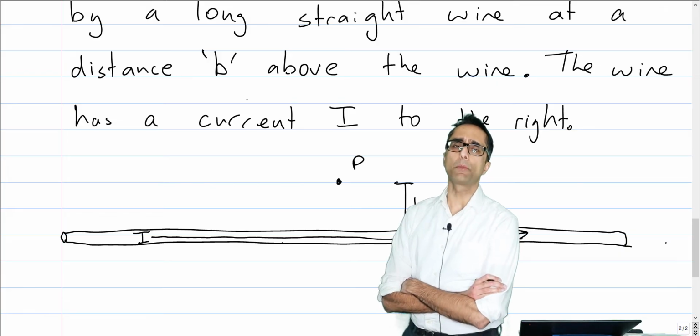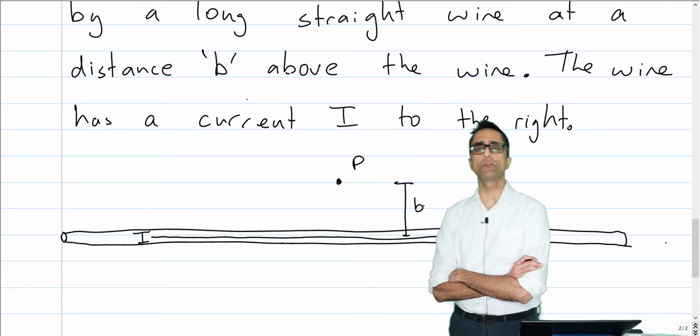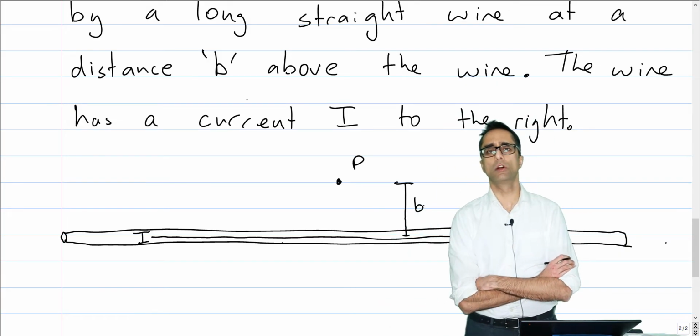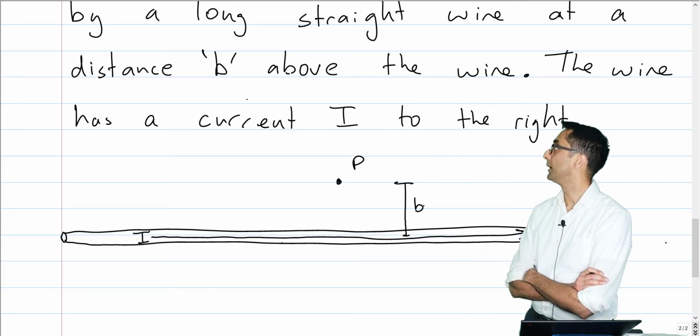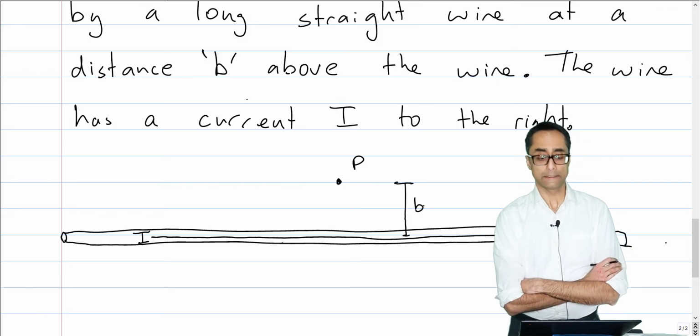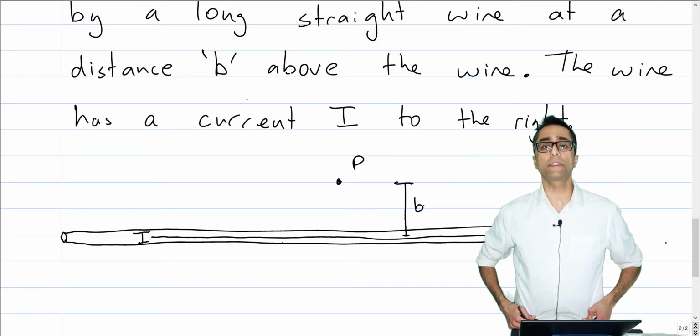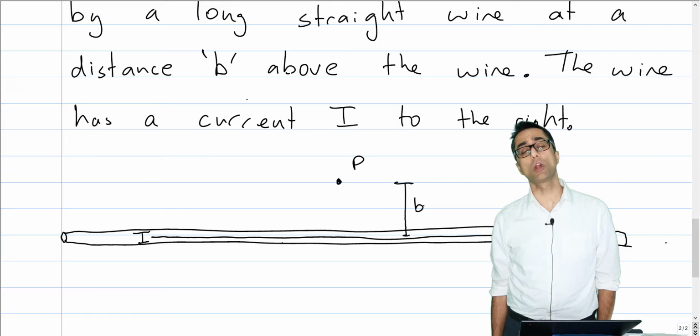Now, one thing to think about before we get started is, could we solve this using the Biot-Savart law? Because I know how to use the Biot-Savart law. And the problem with that method is that the angle would not be constant.